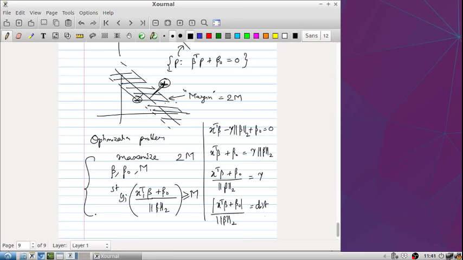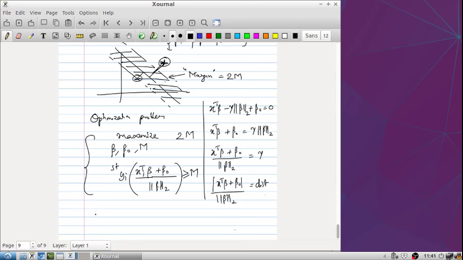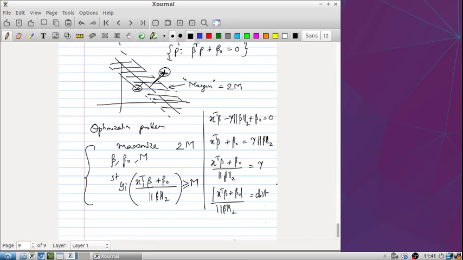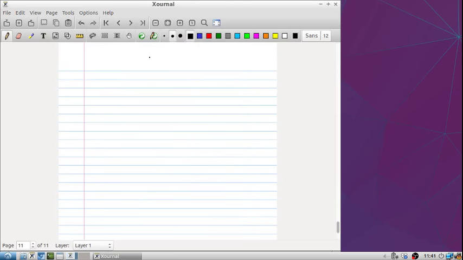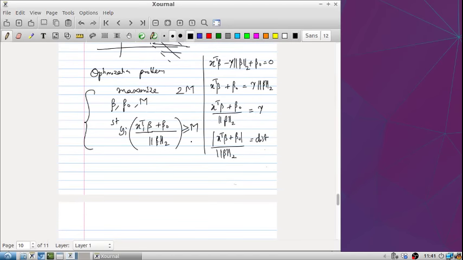Now there's still a bit of ambiguity, which is as follows. Let's say I multiply all of my feature vectors by 2. Say x1, x2 was 5, 10. Now it's 10, 20, double. What happens to the margin? What happens to the distance?